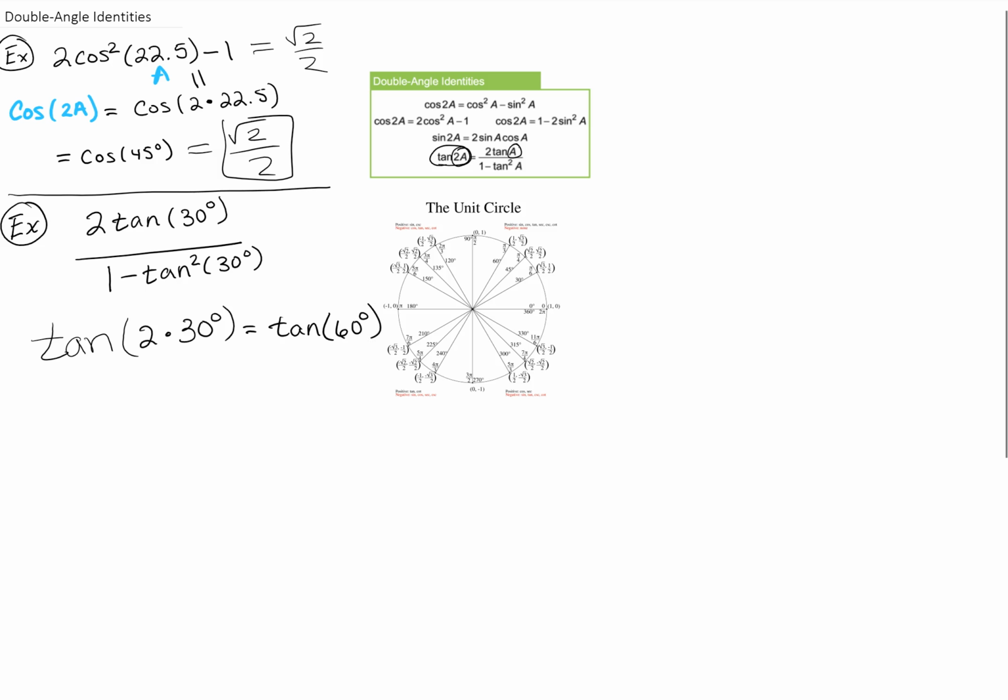All right. So when we have the tangent of 60 degrees, what that means for us is that we're going to go over to 60 degrees, and I need you to recall that tangent is y divided by x. In other words, it's the sine divided by the cosine. All right, the y value divided by the x value, in this case, at this mark, 60 degrees.